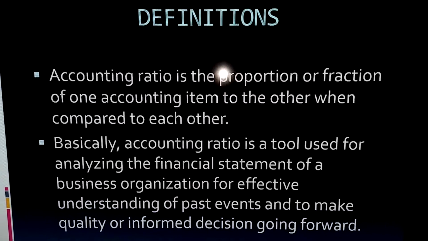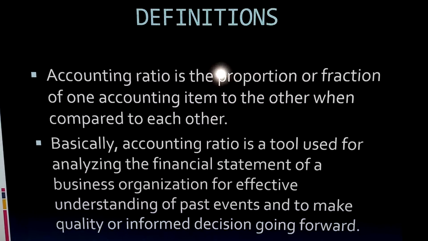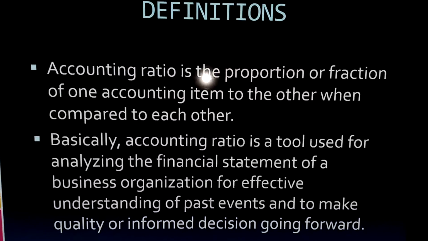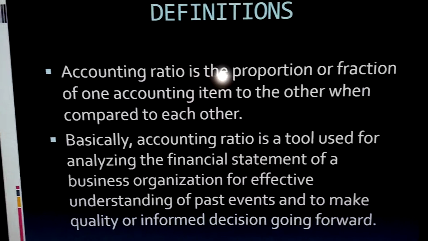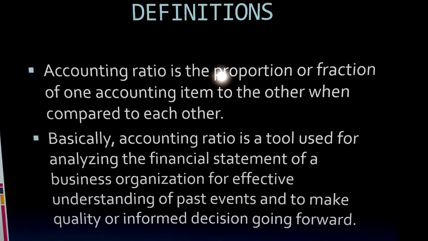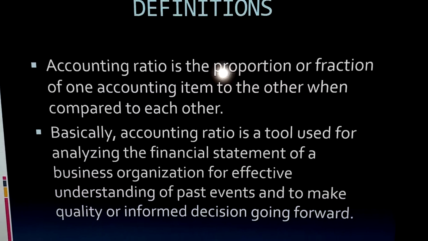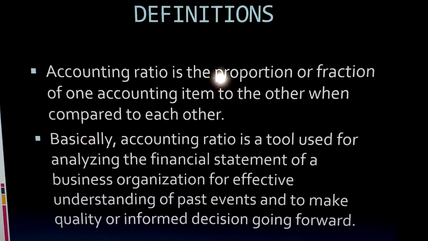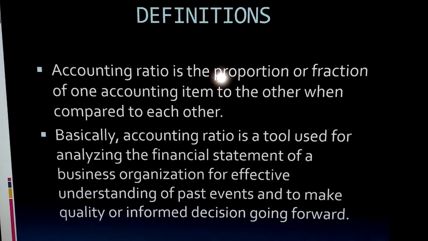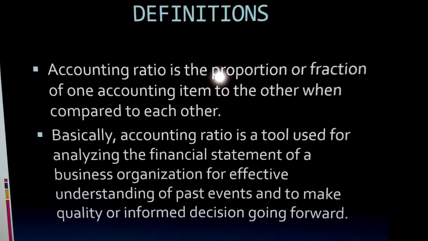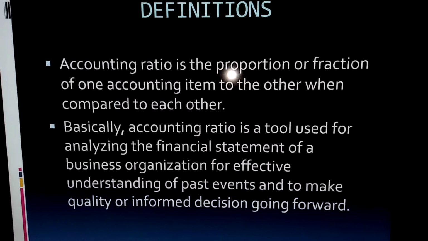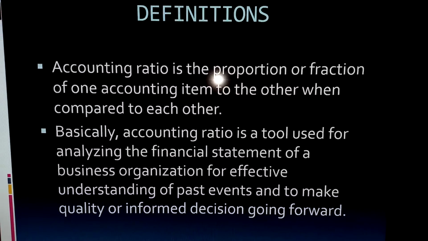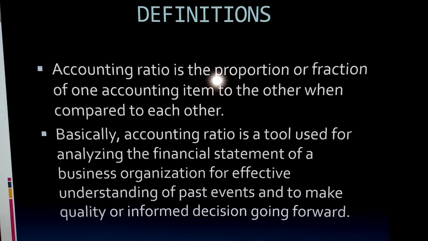So basically, you use the values of two different items and try to see the relationship between them, so as to make a particular decision based on the comparison of those two items. The proportion or the fraction of one accounting item to the other when compared is what we call accounting ratio. So basically, the ratio is a tool used for analyzing financial statements.